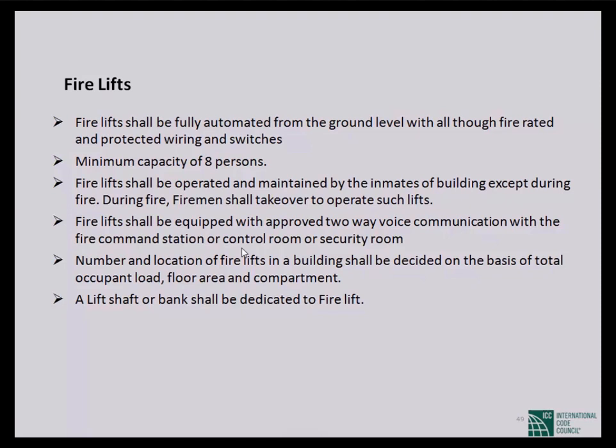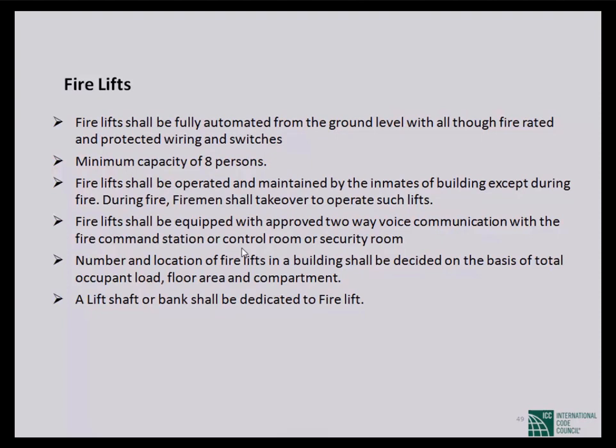For other types of occupancies, the fire lift is normally designed for firemen, and it has a particular capacity and a particular speed. That means it goes from top to bottom within 1 minute. It has to traverse, and it has two-way voice communication. It must have some other standard criteria, particularly one criterion: there should be a lift outlet door at a certain distance.